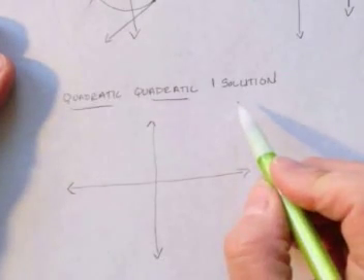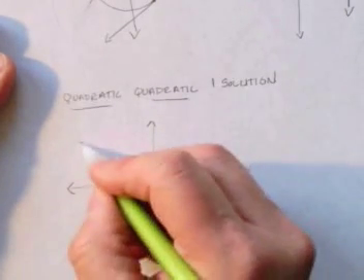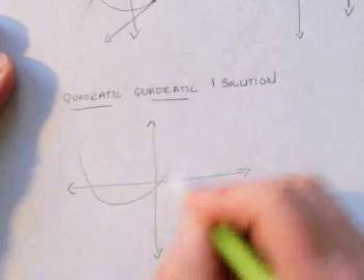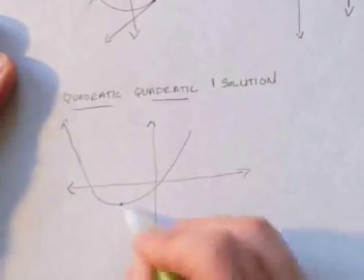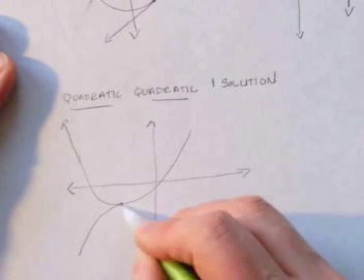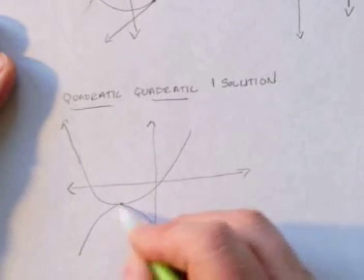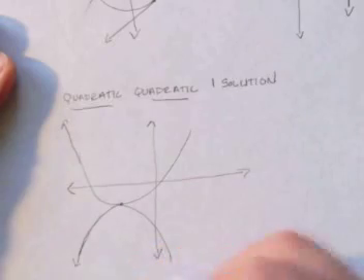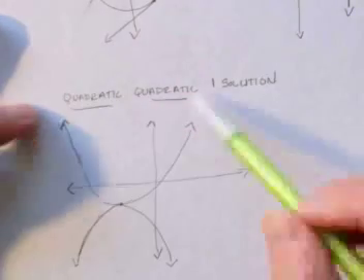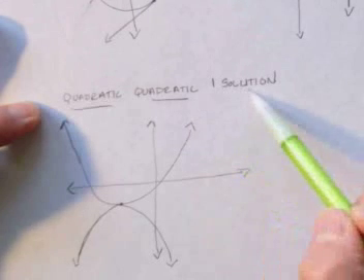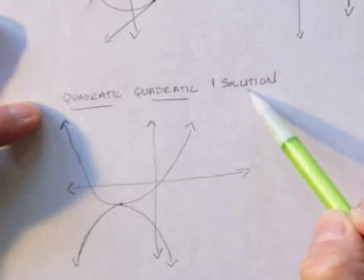And I only want them to meet at one point. So let's make them meet at the vertex. There we go. And this is a quadratic, quadratic system that only has one solution.